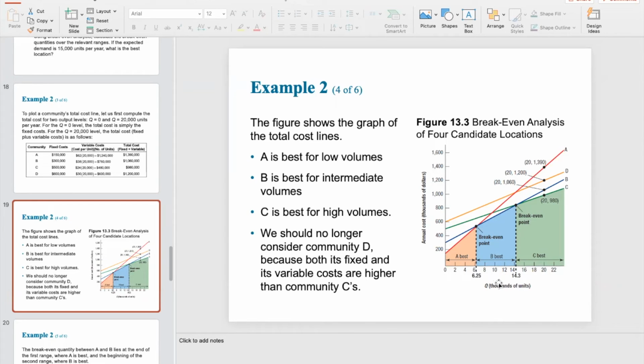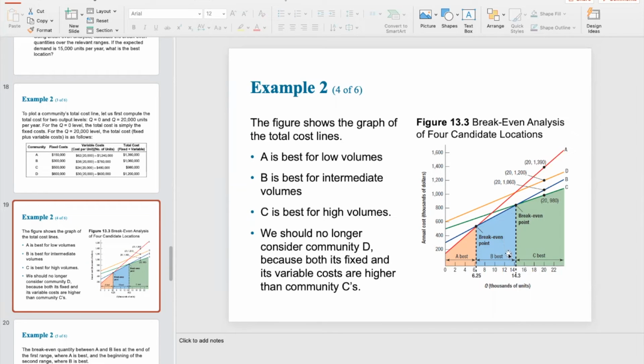Similarly, if you expand your order quantity from 6.25 until 14.3, in this specific Q range, if you compare all those 4 different curves vertically, you will see that the blue line becomes the lowest curve among all those 4 curves within this range.